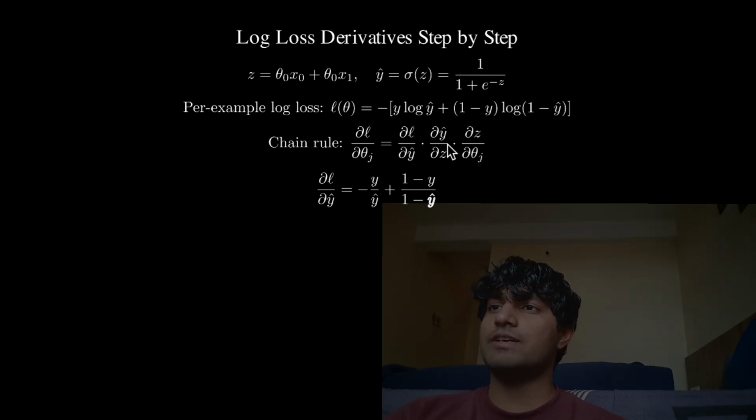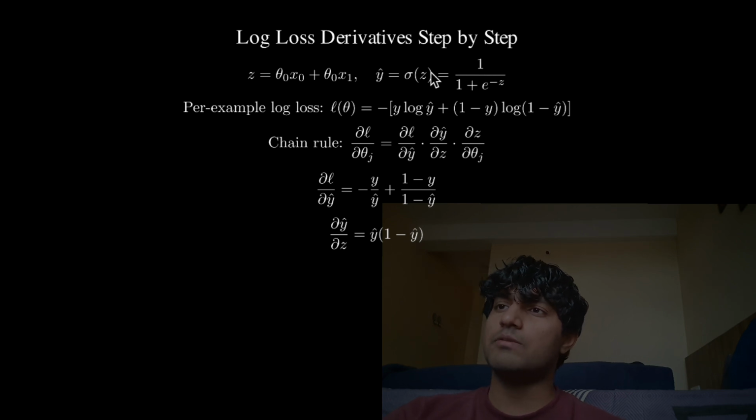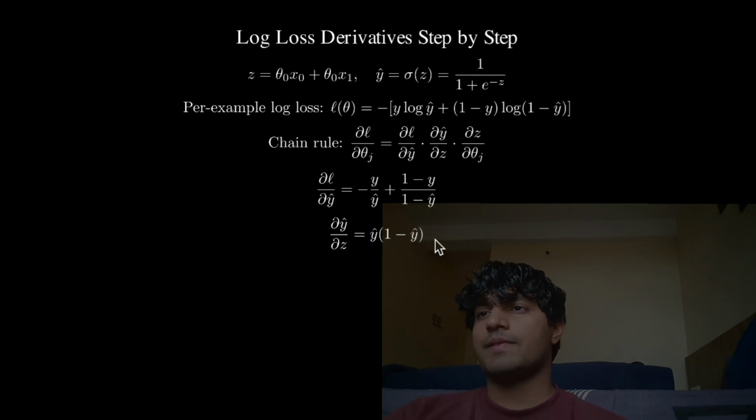Now we differentiate the prediction function with respect to z. z is somewhere over here in the exponential, so if you solve this, it will be a little complex. You can use pen and paper to solve this, or maybe you can use ChatGPT, and you'll get y hat times 1 minus y hat.